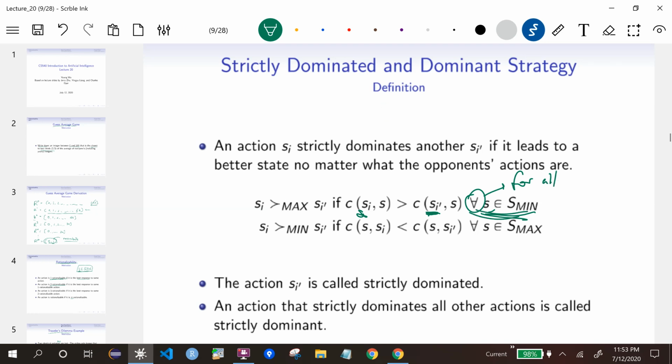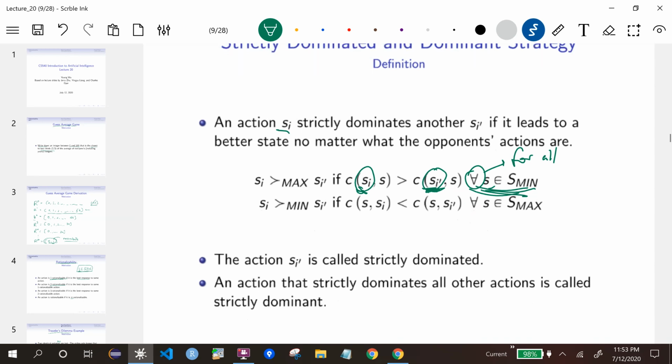No matter what the other player is choosing, I always prefer choosing action S compared to action S prime. Then S prime is strictly dominated by S, or sometimes we say S strictly dominates S prime. And usually we don't really care which action dominates this, we would just say S prime is strictly dominated.